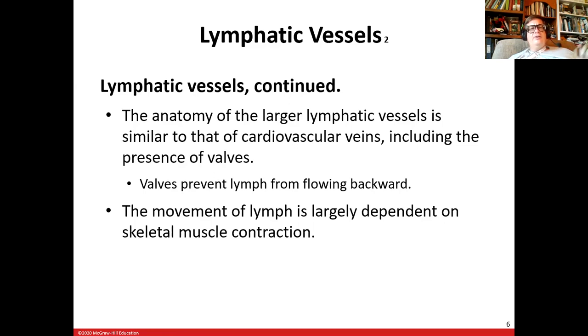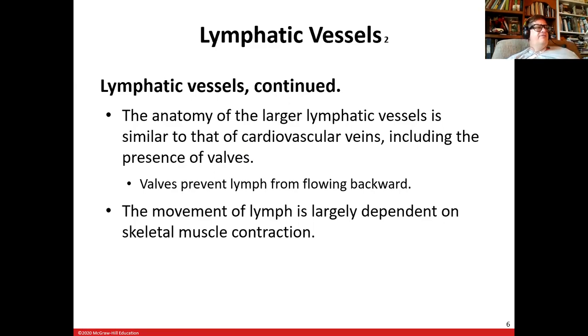And then that stuff that we talked about before, with the muscles getting shorter and thicker, squeezes on the vein in between. That's helpful for the venous system, but it's absolutely essential for the lymphatic system. The heart does not pump the lymphatic system at all. Lymph moves based on your muscles.